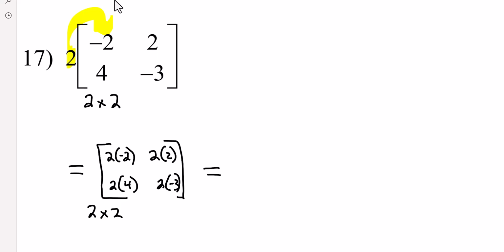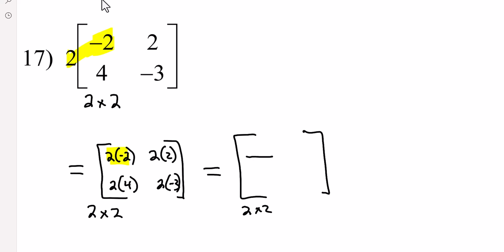That will prevent you, by the way, from making clerical errors if you do it that way. Because sometimes when you have to look very far away from what you're actually multiplying, we get distracted, we look away. So it's best to just rewrite that and then do the multiplication.